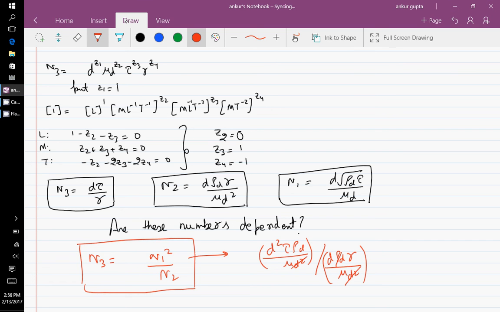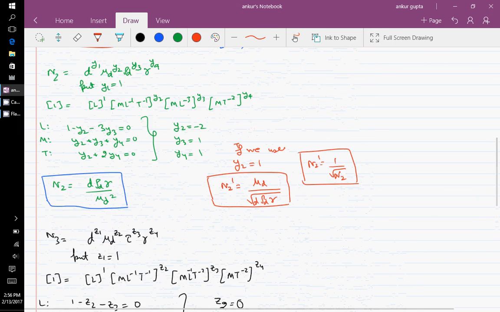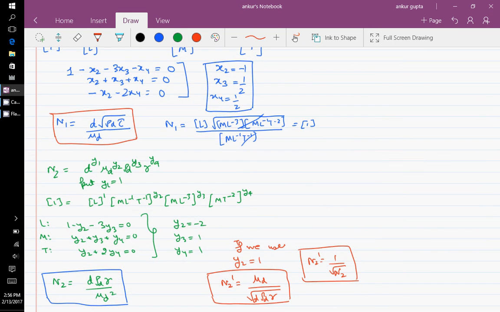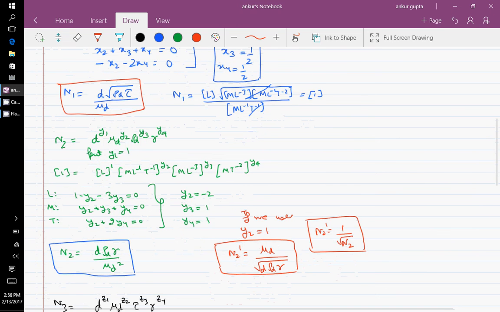Rho d also goes away, and this is nothing but d into tau by gamma, right? So we can see that n3 is dependent on n1 and n2, and hence it is not independent, and thus we can only use two dimensionless numbers, and that clarifies the importance of the Buckingham Pi theorem. So we do not have to do this exercise more than we need to. We only need to do it 2 times, and we can find the right dimensionless numbers.